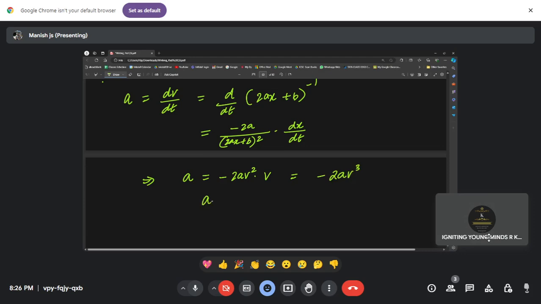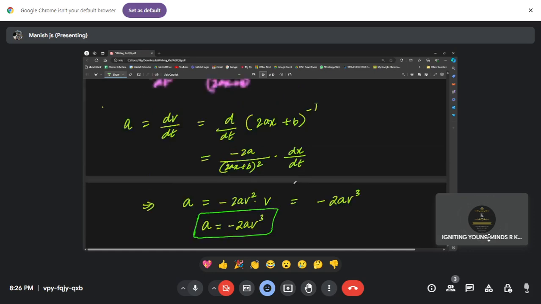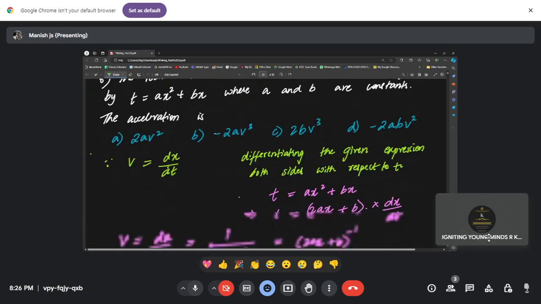So we finally get acceleration is equal to minus 2a v cubed, and that's your answer. So that is the value of acceleration. So the answer is option B, 2a v cubed. Is that clear, children? So that's how you solve this particular question. So with that, we'll move on to the next one.